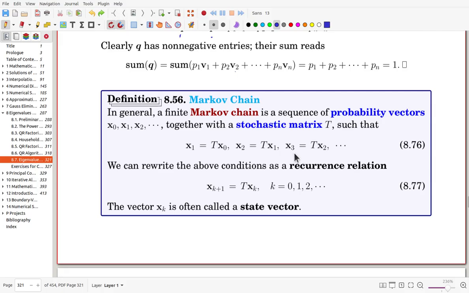We can rewrite these conditions as a recurrence relation: x_{k+1} = T x_k. The vector x_k is called a state vector. So the Markov chain produces a new state just from the last state only, x_k, and the Markov matrix is multiplied to get the new state. In that case it is called a Markov chain.